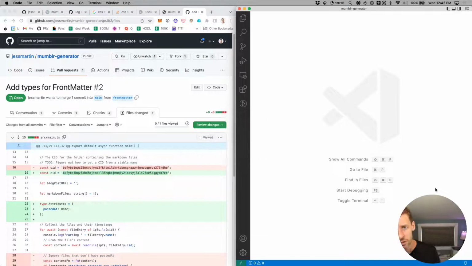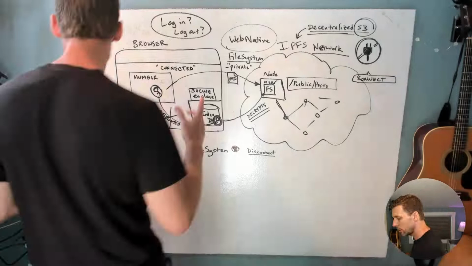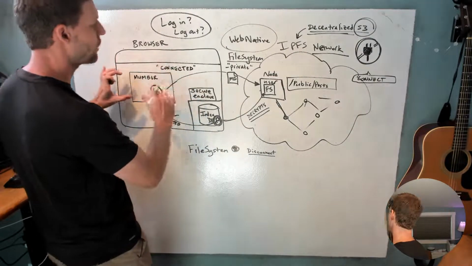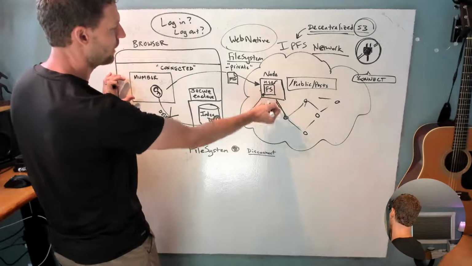Again, a real quick refresher for the way that this thing works. If this is your first time coding along with me on Mumbler, Mumbler is a front-end application that writes markdown files to your file system.